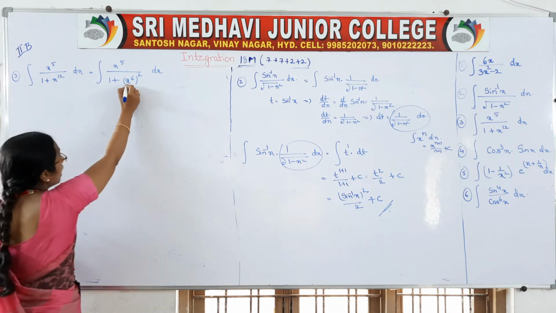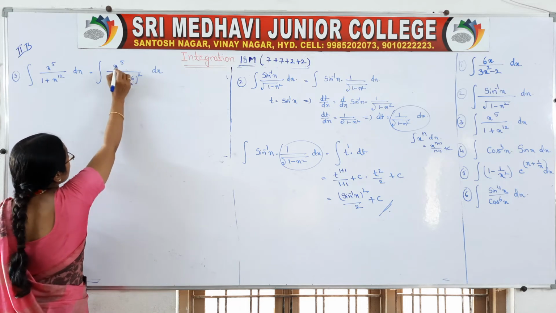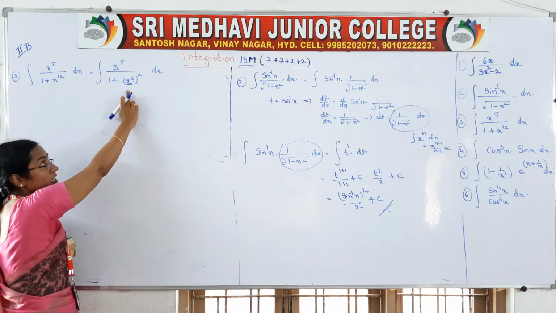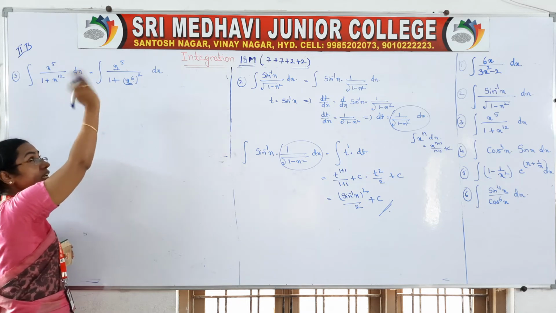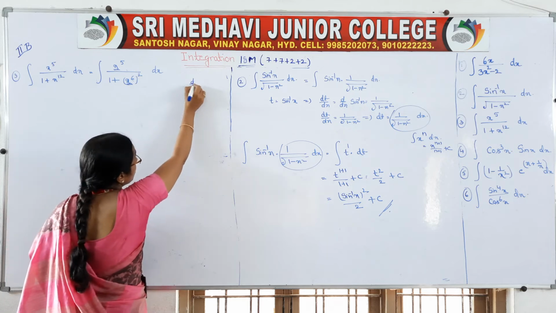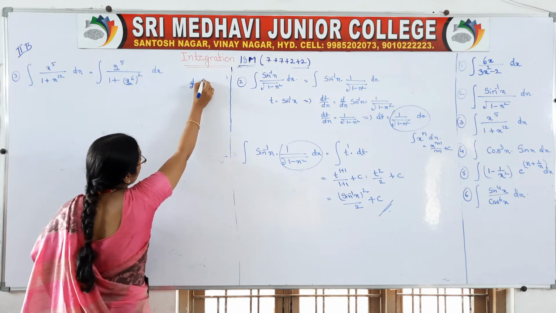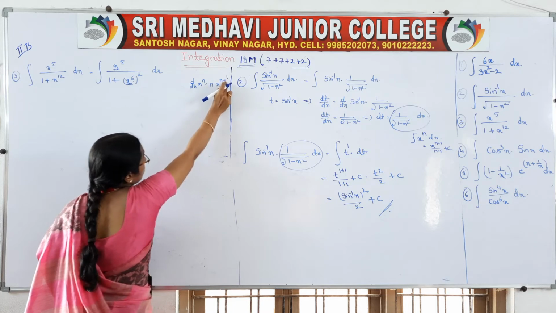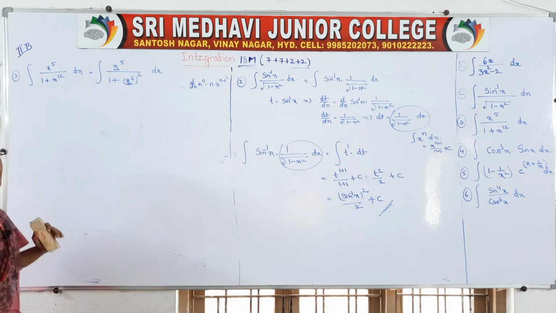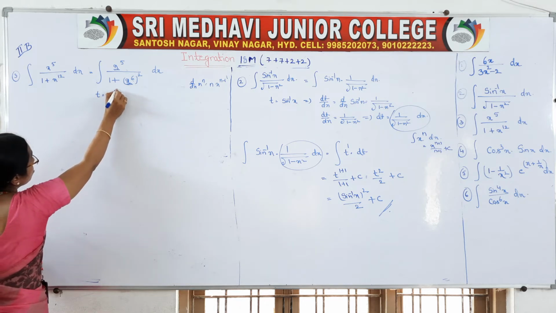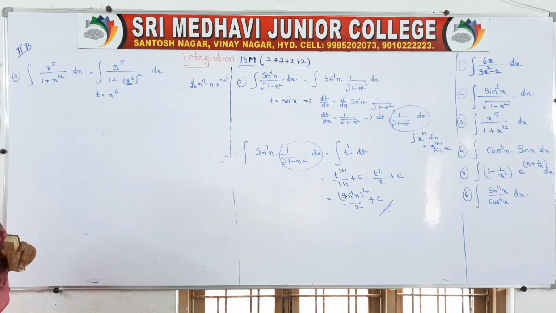So here we are having x to the power of 6, and here x to the power of 5. If we take this one as t and differentiate, definitely one power will be reduced. Why? We know the formula d by dx of x to the power of n is equal to n into x to the power of n minus 1. One value of the power will be reduced. That's why you take t is equal to x to the power of 6.